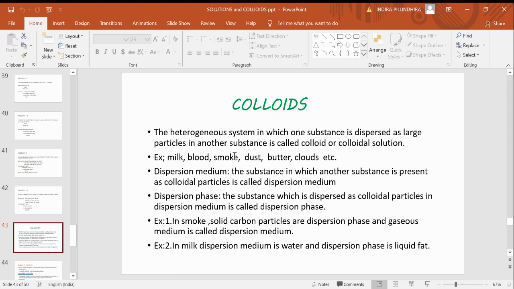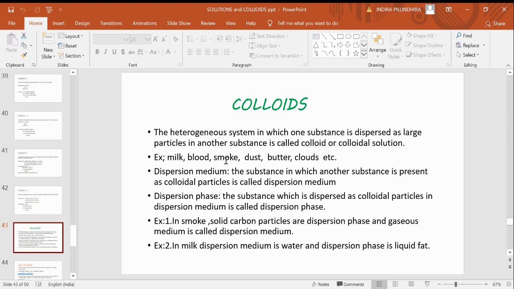Okay. So if you take smoke for example, what is smoke? It is the combination of a gas and a solid. That means the solid particles are dispersed in the gaseous medium. So that's why we call it a colloid. It is a heterogeneous system in which one substance is dispersed as large particles in another substance.